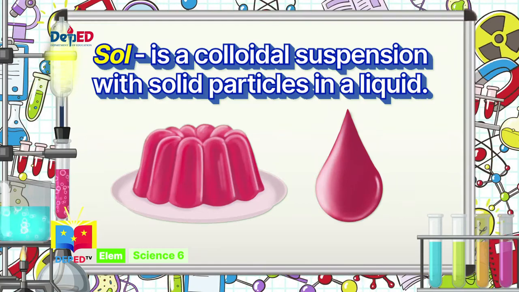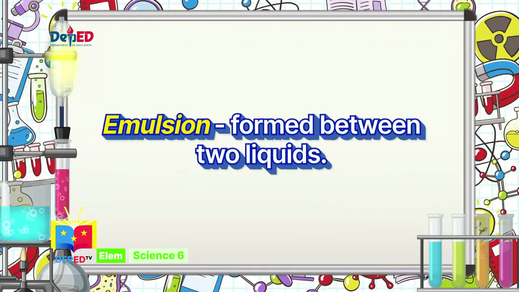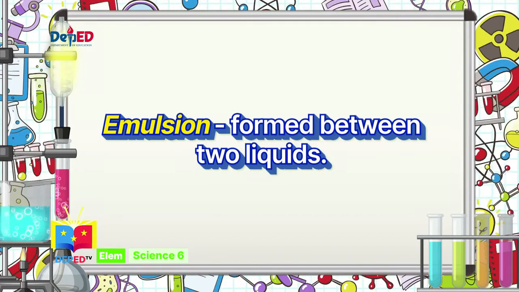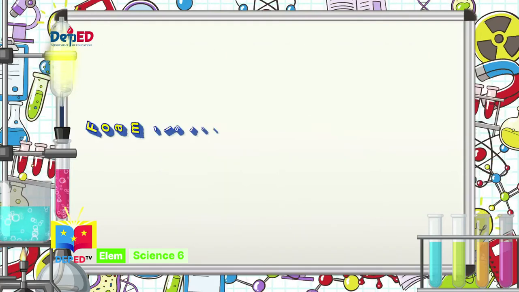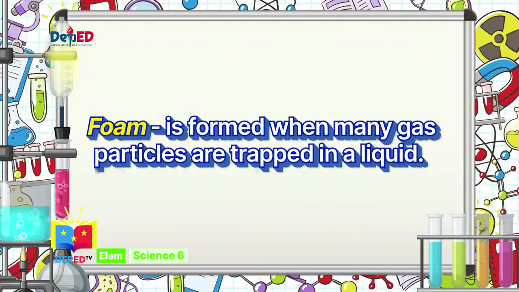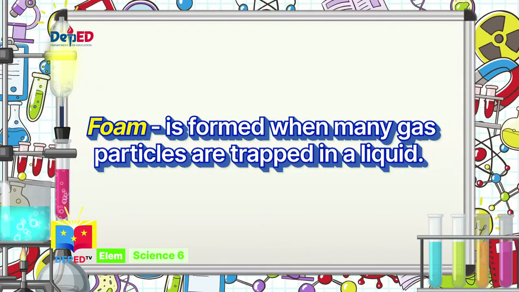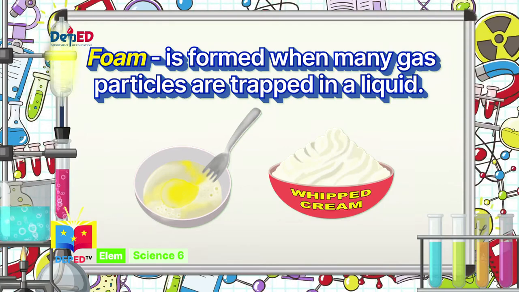Examples are gelatin and blood. Number 2. Emulsion, formed between two liquids. Examples are milk and mayonnaise. Number 3. Foam is formed when many gas particles are trapped in a liquid. Examples are beaten egg white and whipped cream.